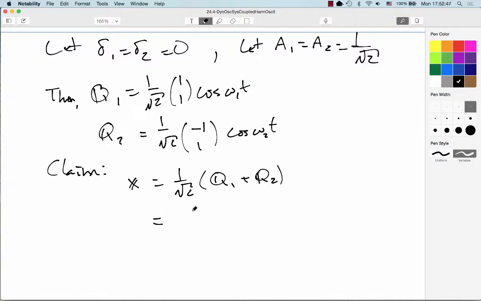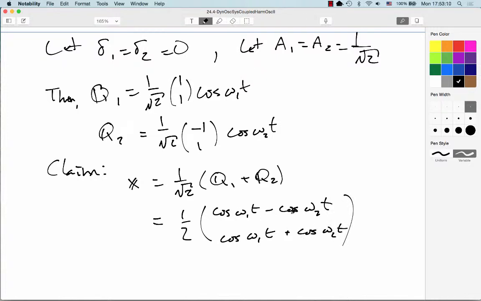So if I do that, both these guys have 1 over root 2, so when I multiply through, I'm going to get a half. And then I'll just be left with cos omega 1t minus cos omega 2t, and cos omega 1t plus cos omega 2t. So yeah, those mesh up with exactly what we would expect the antisymmetric and the symmetric modes to look like.